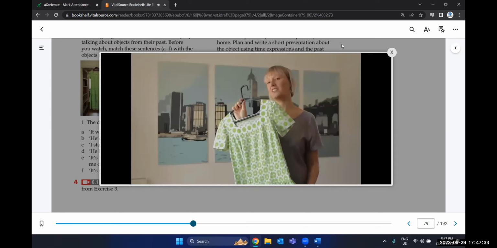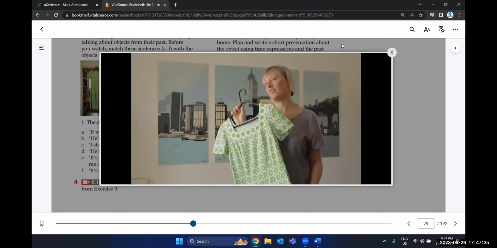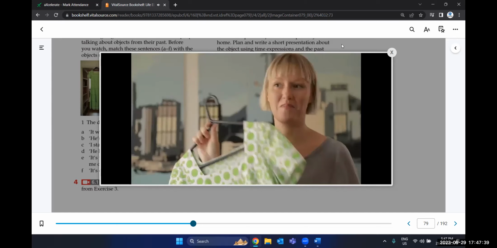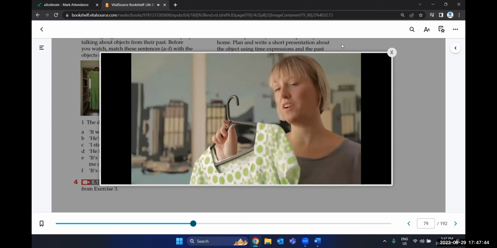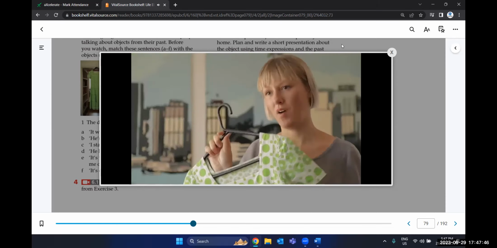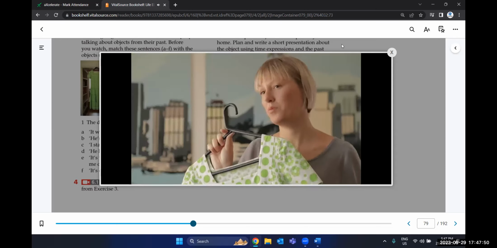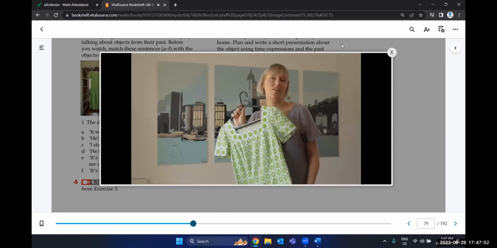So I started to wear it a lot, and my friend asked me, wow, who's the designer? Where does it come from? It's very important to me because it reminds me of my mom, of my family, and of how, where I was born and where I grew up.